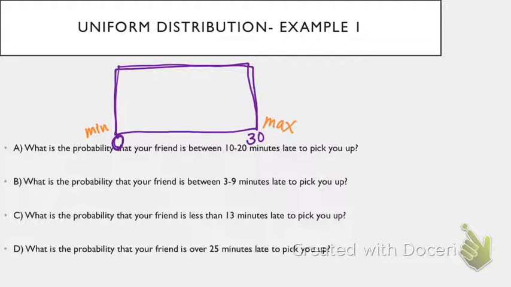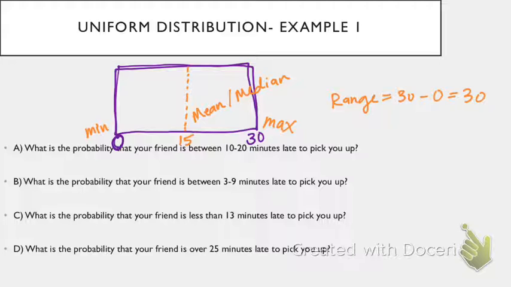So in the center, what's the middle of 0 and 30? 15. That would be my mean and my median. Sometimes it'll give you that. Also, my range is what? 30, because it's 30 minus 0, which is 30.